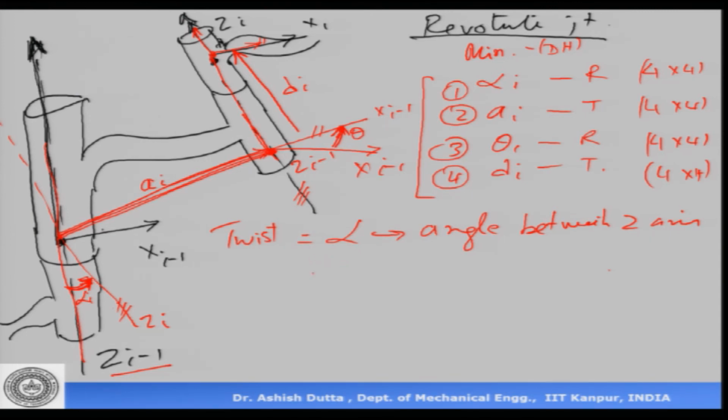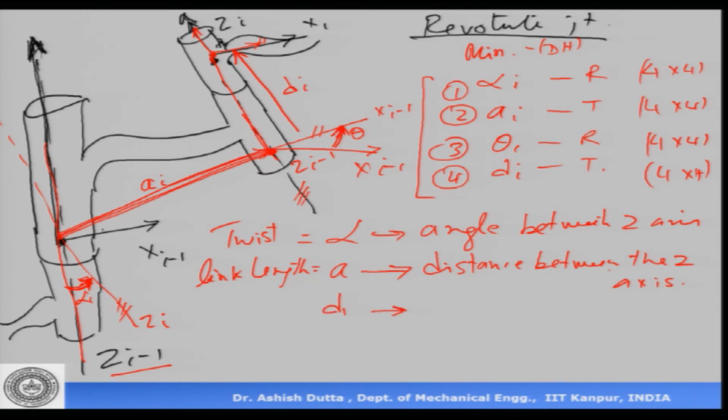The next parameter is a i, which is the distance between the z axes, measured along the x axis, and this is called the link length. So, link length is called a, and alpha is called the link twist. The next parameter is d i, which is called the offset distance.